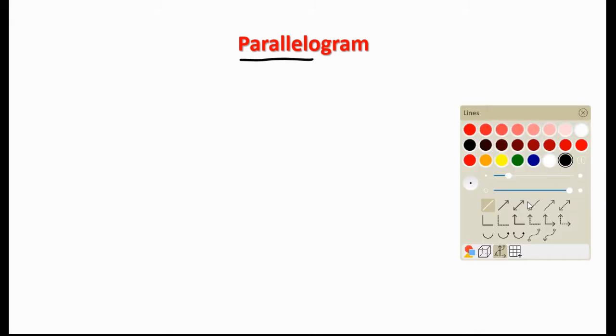As the name indicates, it must have something parallel first of all, otherwise it won't get that name at all. Parallelogram is familiar to you and the figure is known to you. Let me pick out the figure related to it.